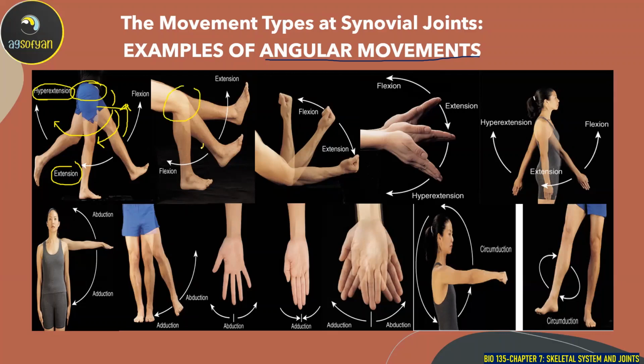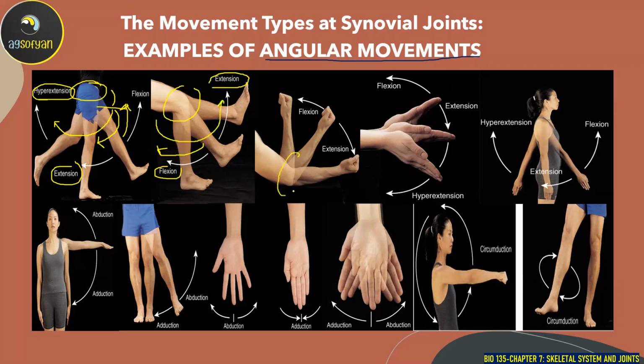When we move the knee to decrease the angle, it becomes flexion, and we can also extend our knee, which increases the angle, let's say from 90 to 180. So this is extension.